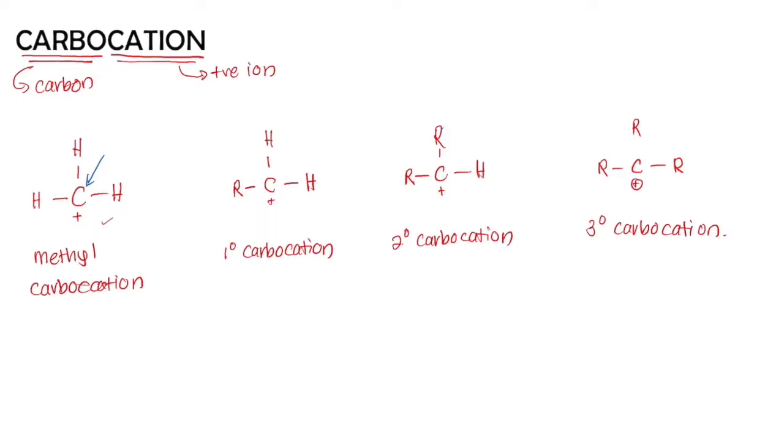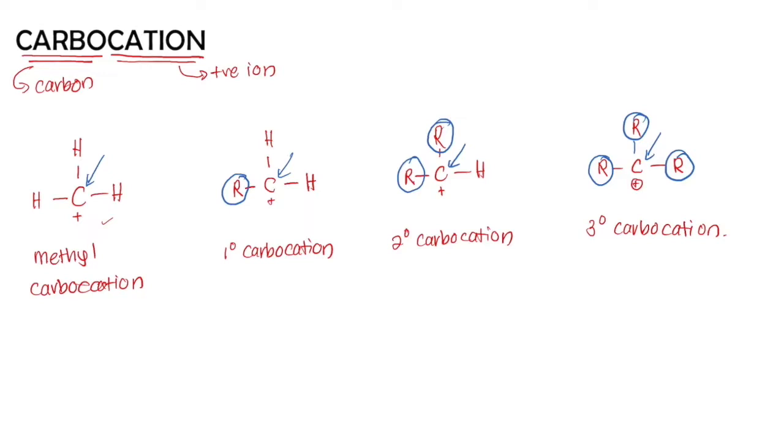For primary carbocation, it has one alkyl group here, so that's why it is named primary carbocation. Secondary carbocation is attached to two alkyl groups, and tertiary carbocation is attached to three alkyl groups.